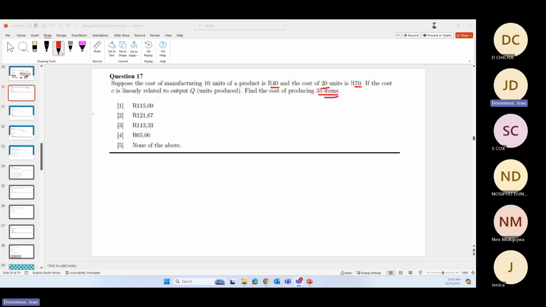If they said, suppose the cost of manufacturing, if they said something like, you add this as one point, this as another point, and you need to find out when Q is equal to 35, what is the cost? Then it would have been a bit simpler.